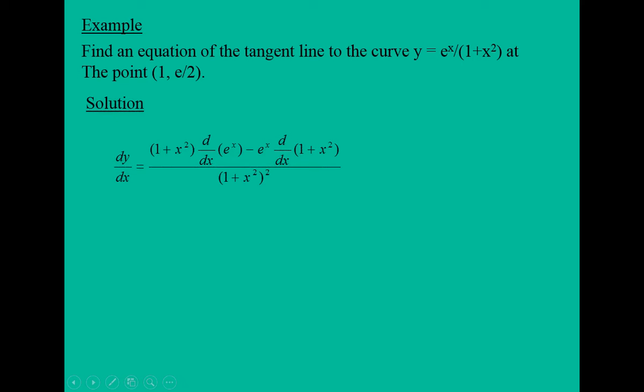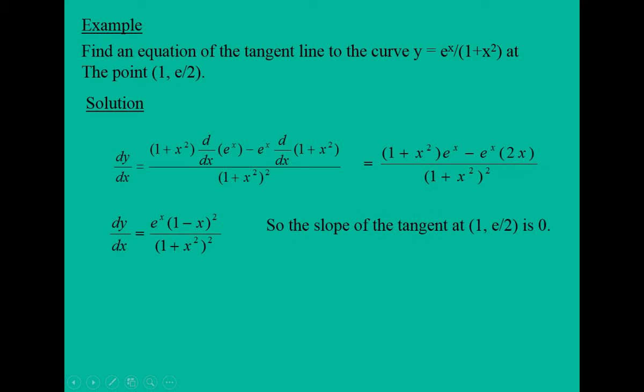So we'd have the bottom times the derivative of the top minus the top times the derivative of the bottom all over the bottom squared. So we're simplifying it, and there's our derivative. Now we're trying to find the slope of the tangent line when x equals 1. So now we can plug in 1 for x.